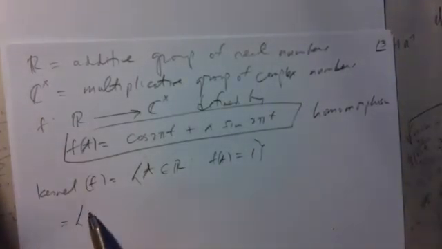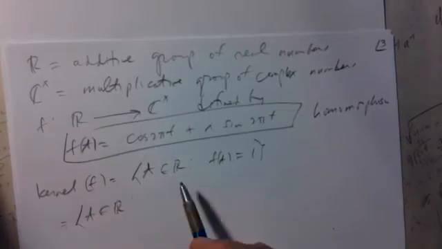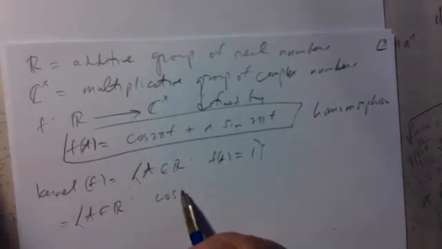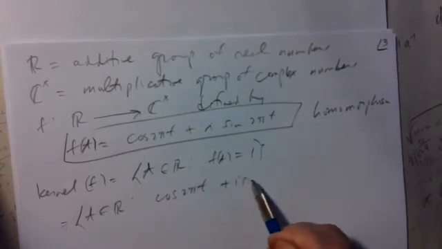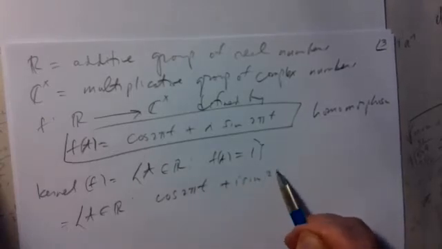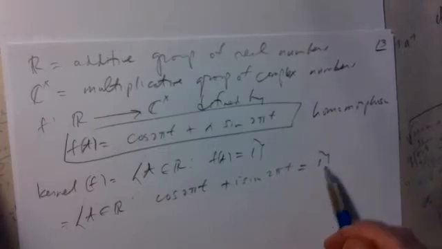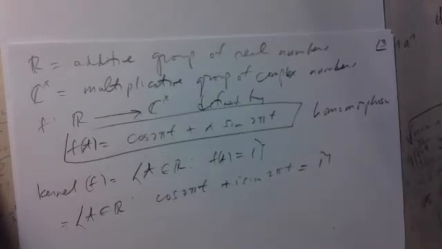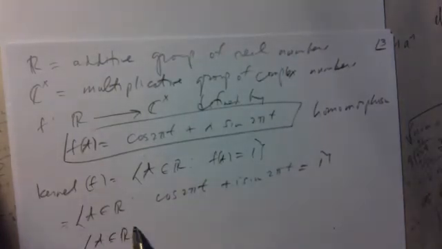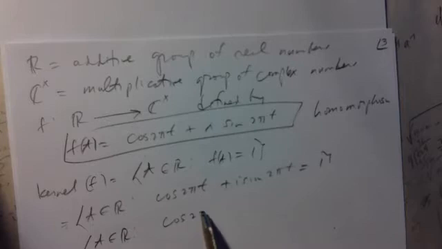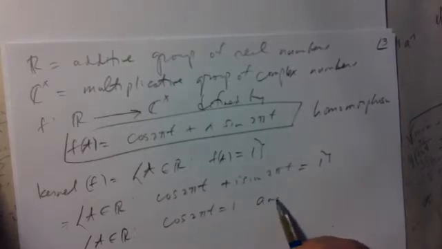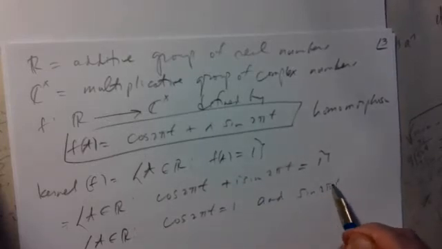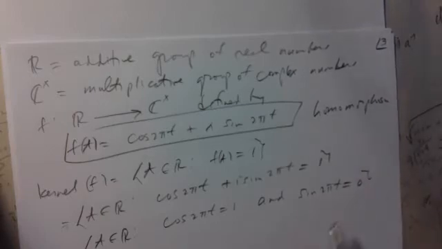That is, it's all real numbers t such that cosine 2 pi t plus i sine 2 pi t is 1. That means the cosine of 2 pi t is 1 and the sine of 2 pi t is 0.